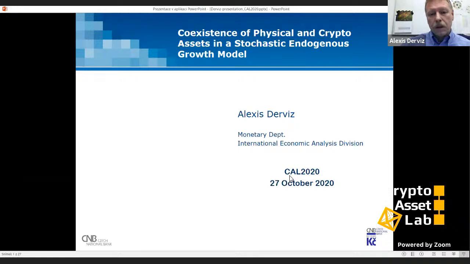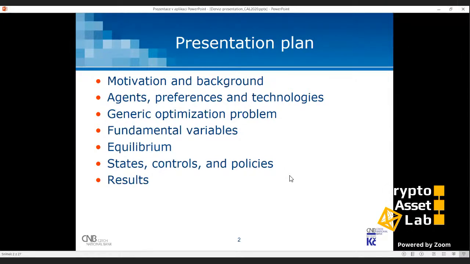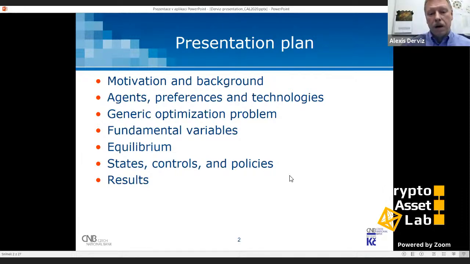However, the background of all this is a question that my institution and many other central banks are trying to answer, namely whether crypto assets are here to stay, or whether it is a temporary phenomenon, something like a fashion or a fad that will culminate at some point and then recede.